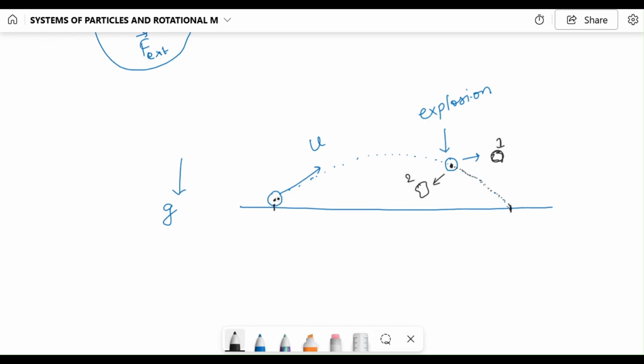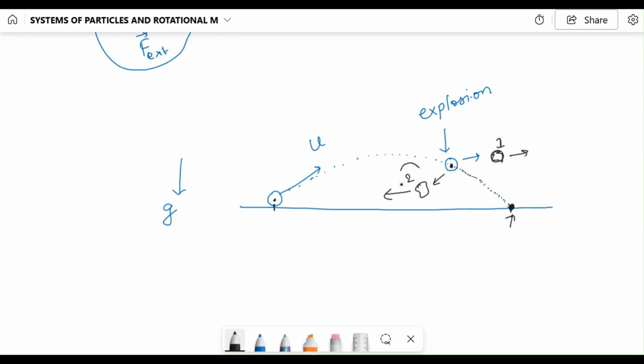you can easily say that the center of mass of this body will continue its initial journey, meaning it will continue as this projectile. No matter where this part goes and where that part goes, this center of mass is going to follow the same trajectory and end up here. Now, center of mass is a conceptual thing, so you may not see anything at this point, but the center of mass will lie there.